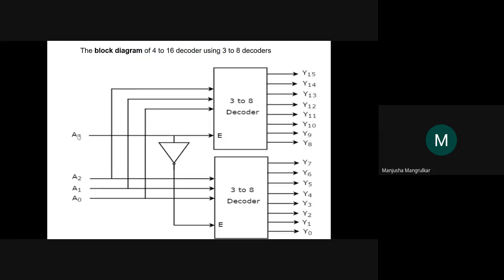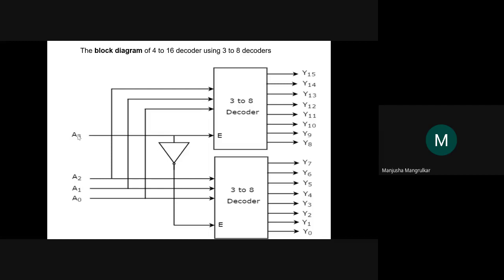This is the second example. We can design different kinds of decoders by using a lower version. This is the 4 to 16 decoder using 3 to 8 decoders. The same concept has been used here as in the earlier example. Here the MSB is A3.